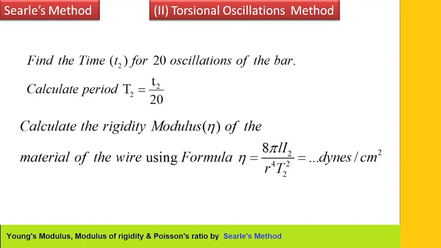Further, calculate the rigidity modulus of the material of the wire using the formula eta is equal to 8 pi small l, where small l is the length of the wire, into I2, divided by r raised to 4 into T2 square, in dynes per centimeter square.